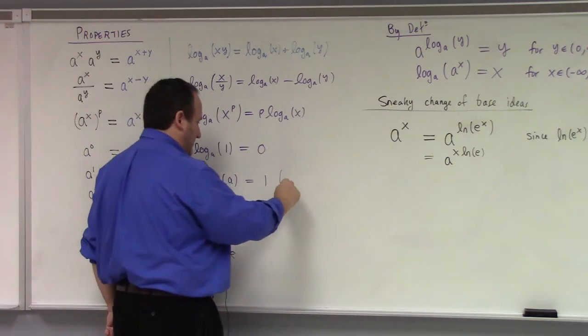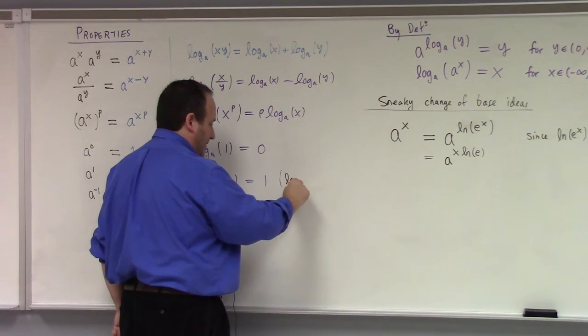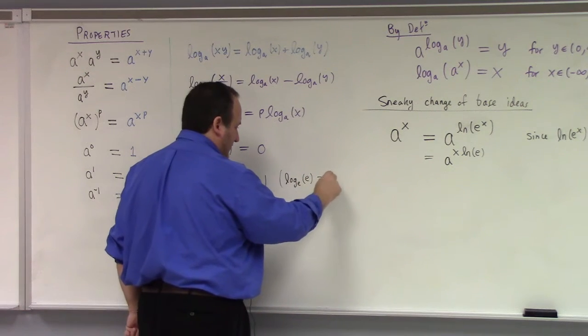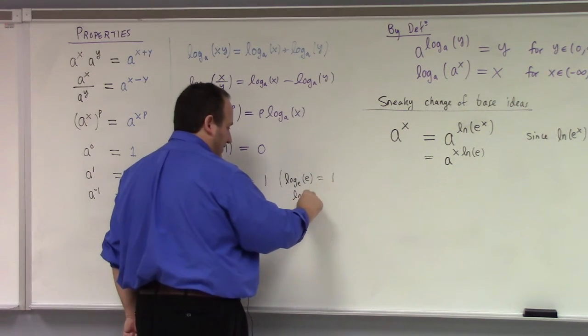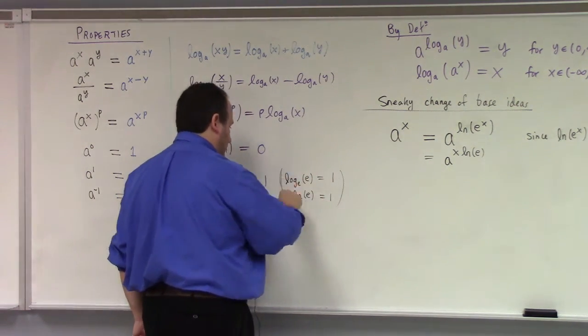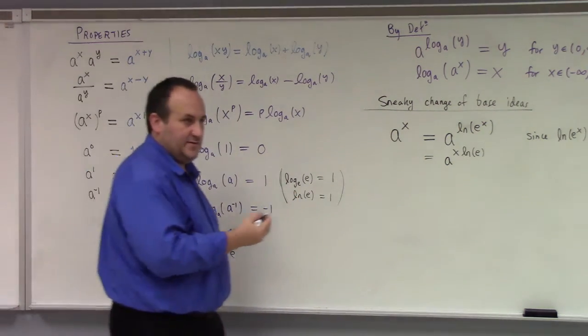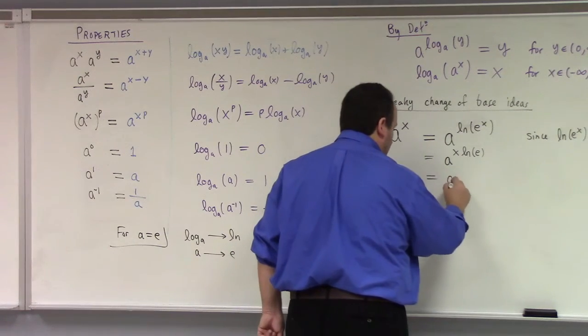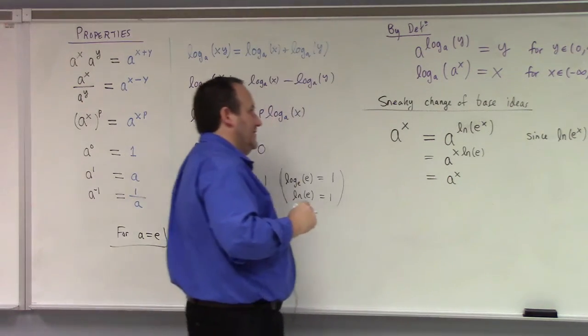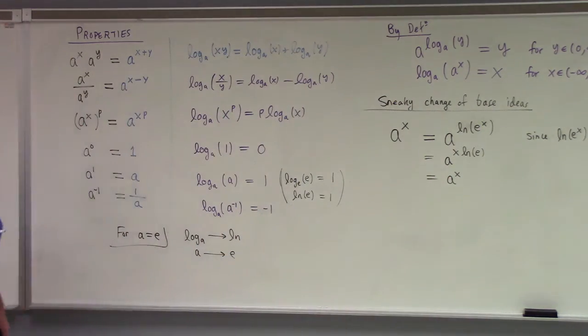Log base e of e is equal to 1, meaning the natural log of e is equal to 1. So what have we got? a to the x equals a to the x. I wouldn't say that's sneaky, I would say that's just a waste of your time. I'm sorry about that. It's not a waste because I'm showing you identities which are true, and hopefully you're learning things from this, but that's not what I wanted to do.